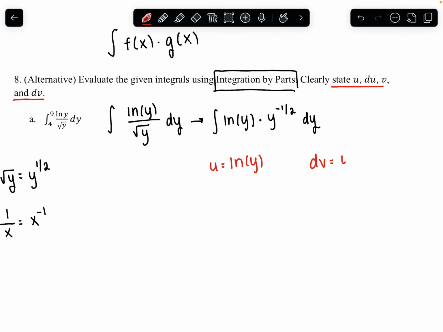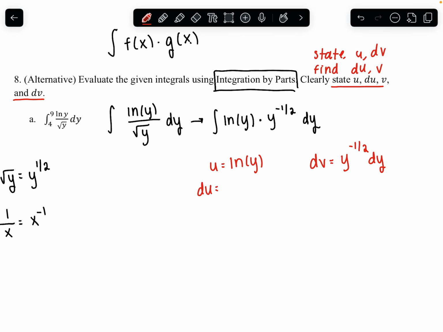That means dv is going to be everything else. All right, so it says to state u, du, v, dv, but really we can only state u and dv, and then we find du and v. That's a little bit interesting verbiage, but that's not the problem here.